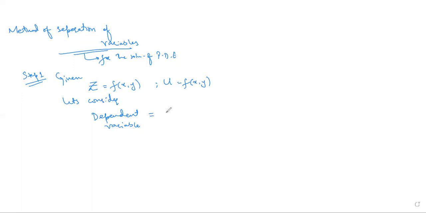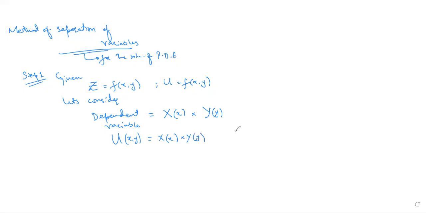Let's suppose the first variable or function is capital X, a function of x only. Similarly, that is multiplied by the variable Y, a function of y. In this step, if u is a function depending on the two variables x and y, we split this multivariable function into two single-valued functions of x and y.